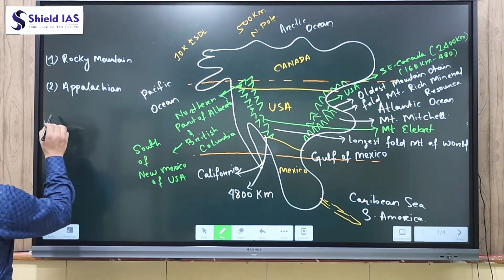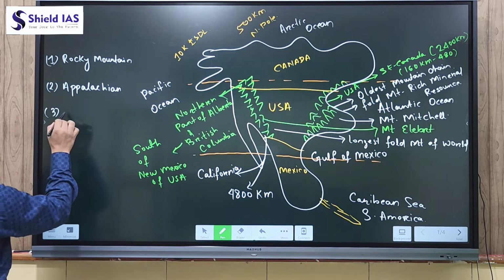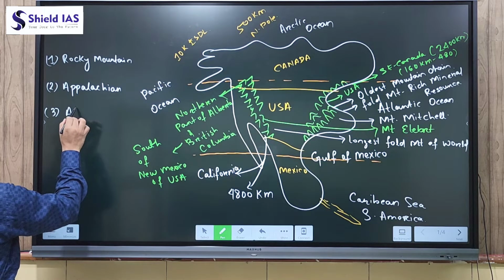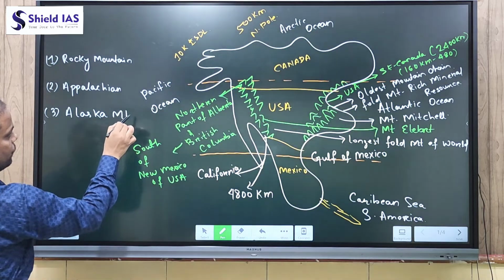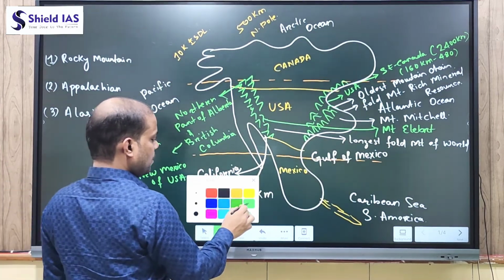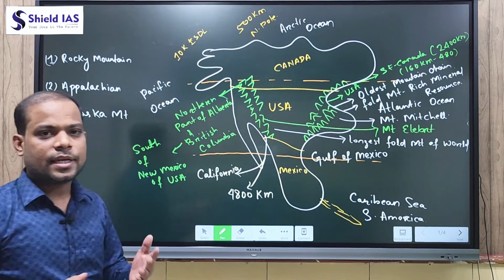The third mountain is the Alaska Mountain. This Alaska Mountain consists of 3 mountain ranges.